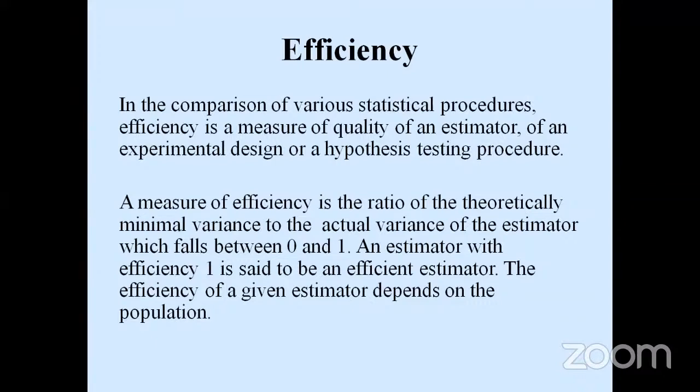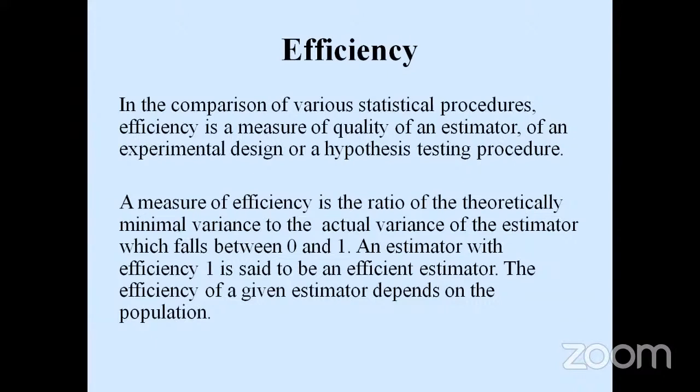An estimator with efficiency 1 is said to be the efficient estimator, and the efficiency of the given estimator depends on the population. See, in the questions, they may ask, if the efficiency of this particular value is 0.8, then what will be the efficiency, like that, the 0 to 1 range will be there, and they will ask questions based on that range.